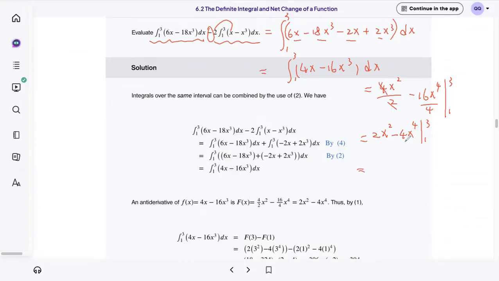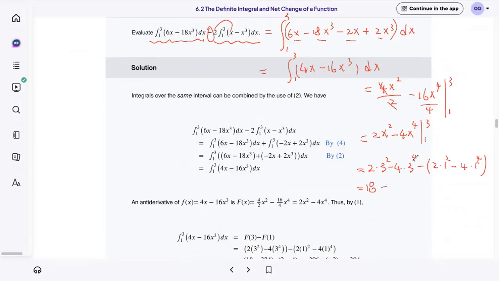So we evaluate at 3 first: 2 times 3 squared minus 4 times 3 raised to 4, minus now 2 times 1 squared minus 4 times 1 raised to 4. So 3 squared is 9, 2 times 9, 18.